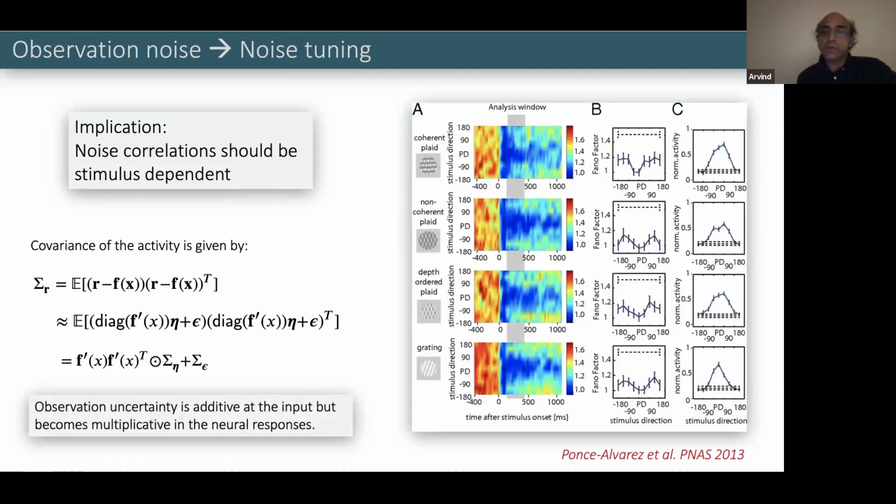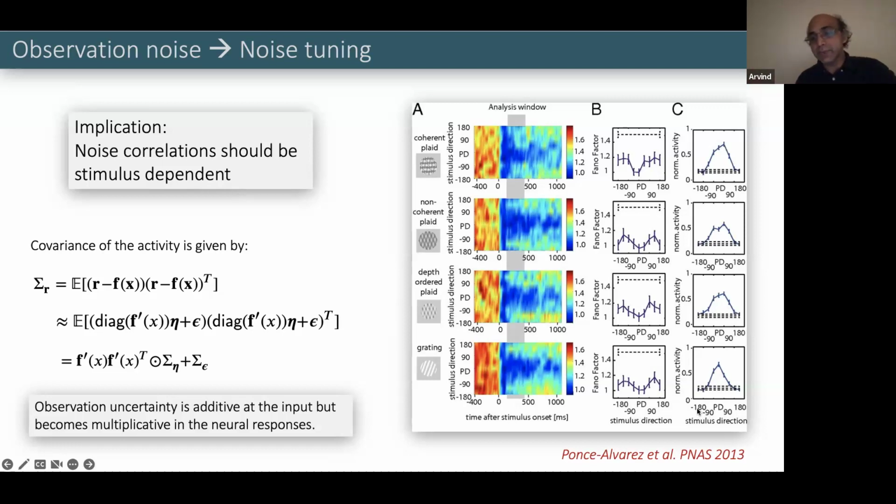So this is an old work from Gustavo Deco. They analyzed the activity of neurons when different kinds of stimuli were presented. So of course they have a tuning in terms of the normalized activity depending on what stimulus direction you are presenting. Each row is a different kind of stimulus, but still there is an orientation sense here.